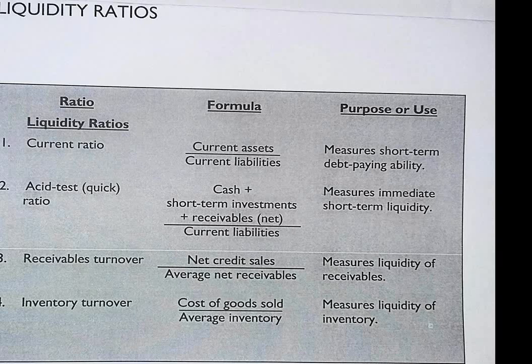It is a little different from the current ratio because it uses current assets except inventory, because inventory is most of the time difficult to convert into cash within 1 year. This is why we use the acid test or quick ratio.